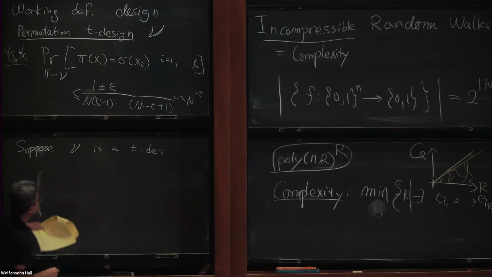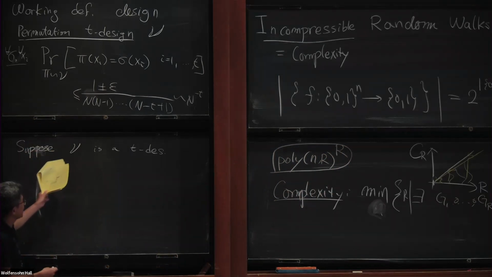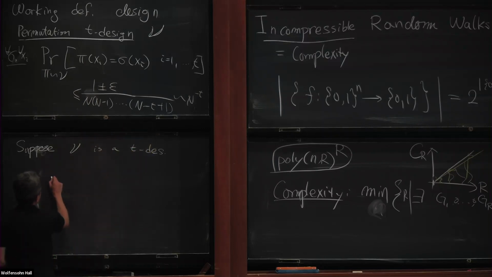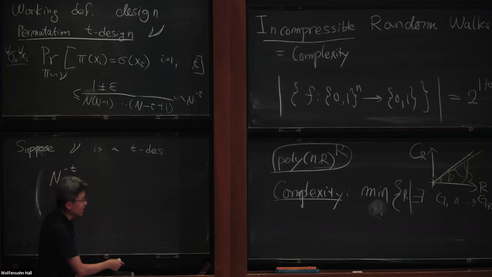If I only require the probability of matching the t images to be capital N to the little t, then the chance that my randomly chosen instance is describable by R or fewer circuit elements will be upper bounded by this.